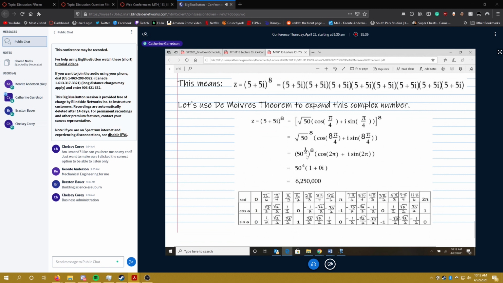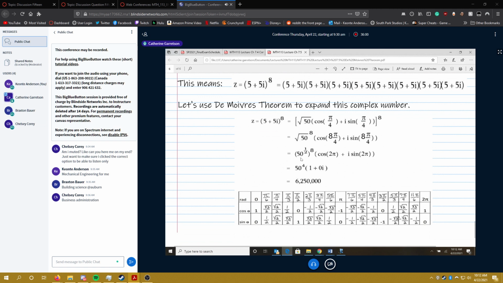So now there's a shortcut even here. Let's say you didn't have a calculator. The square root of 50 is 50 to the 1/2 power. Now, your laws of exponents say when I multiply the bases, I add the exponents.